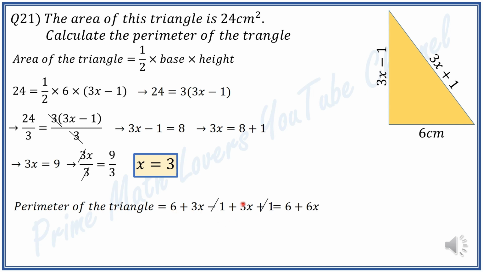So this is equal to 6 plus 6x, and if we replace x with 3, we have 6 plus 6 times 3. 6 times 3 is 18, and 18 plus 6 is 24. So the perimeter of the triangle is equal to 24 centimeters.